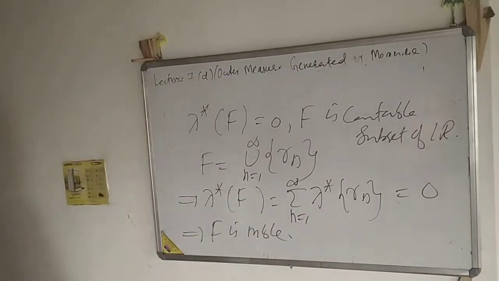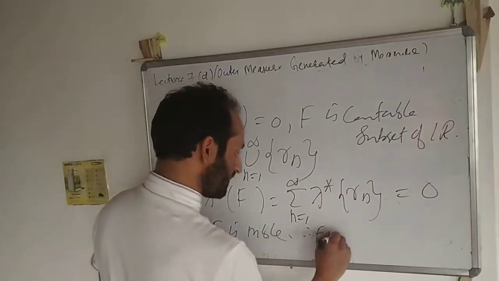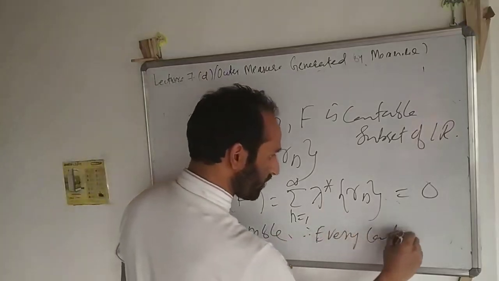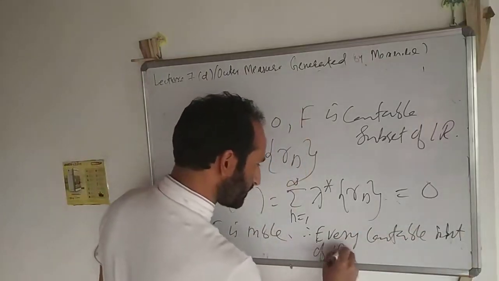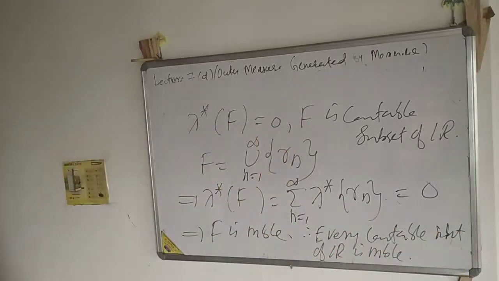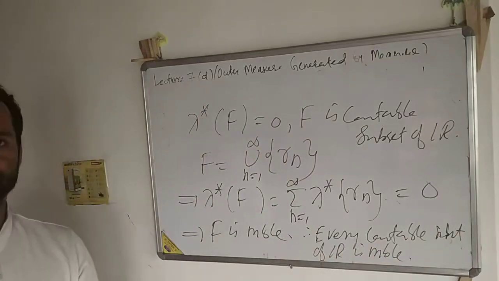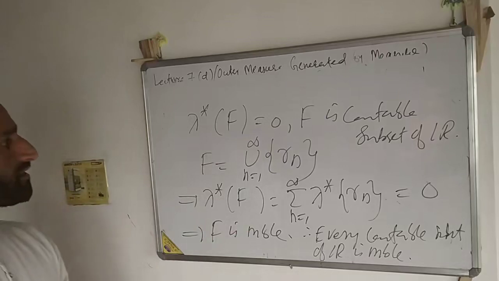Therefore every countable subset of R is measurable. In particular, Q is measurable because Q, the set of rationals, is a countable subset of R. Therefore its complement, the set of irrationals, is also measurable. So they are measurable sets.